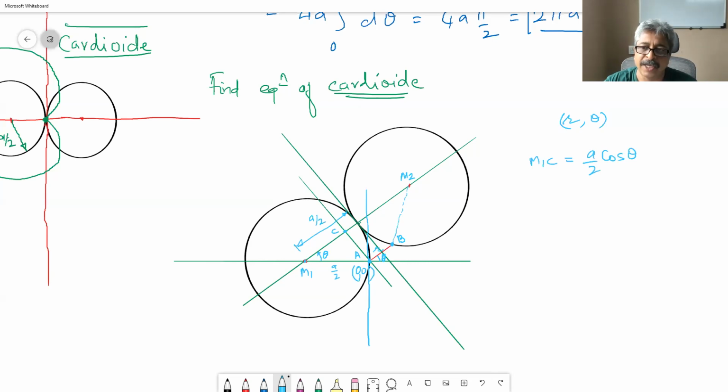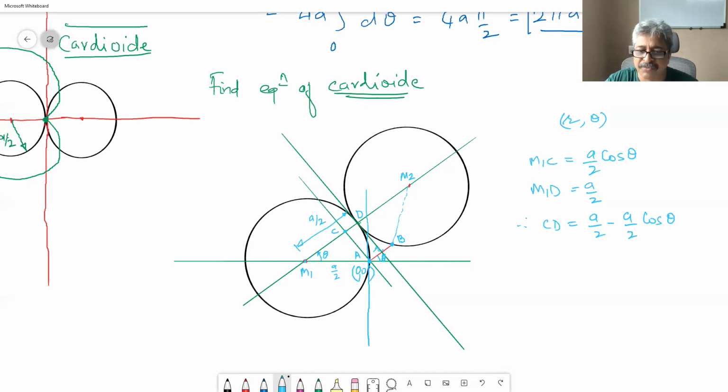And suppose D is the point of contact, then M1D is equal to a by 2. Therefore the distance CD is equal to a by 2 minus a by 2 cos theta, right?